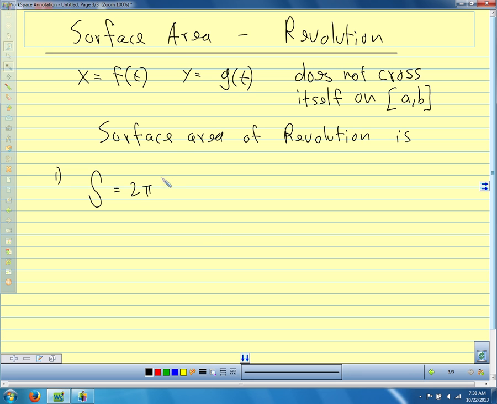So we get area equals 2 pi integral from a to b of g of t. g of t is going to be my radius when I revolve about the x-axis, and then the square root of f prime squared, our arc length increment, plus g prime squared dt, and this is revolution about the x-axis.